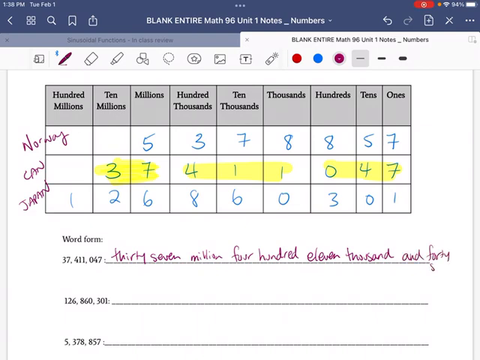Okay. This one is 100, 26 million, 860,000, and then the last part, 301. So we'll go on to the next line here, 301.